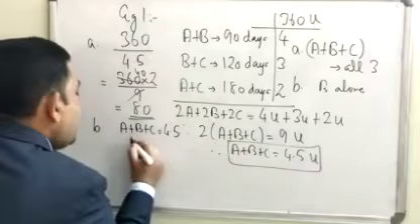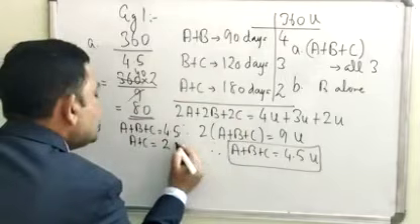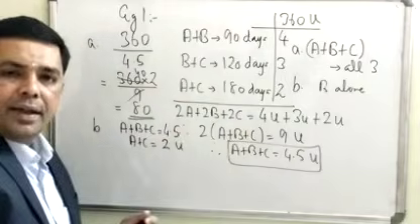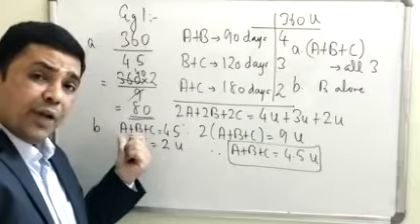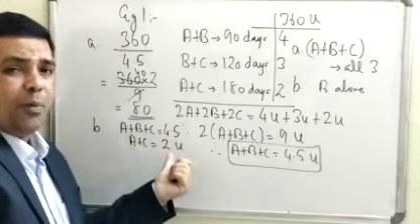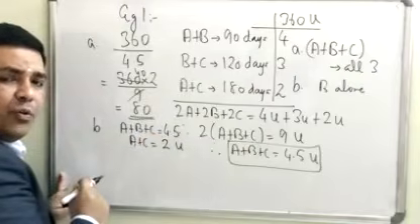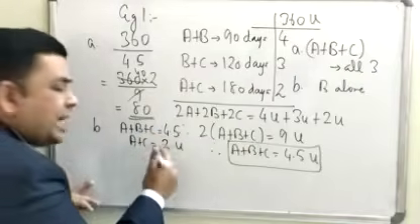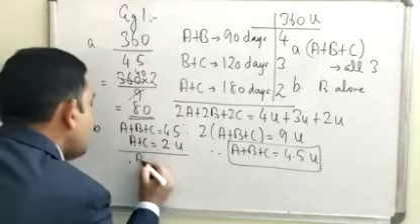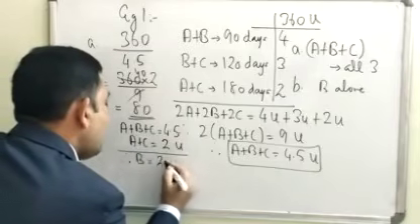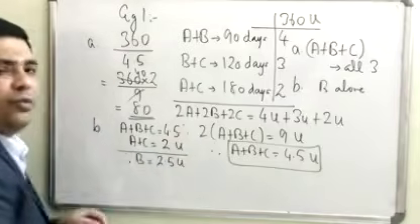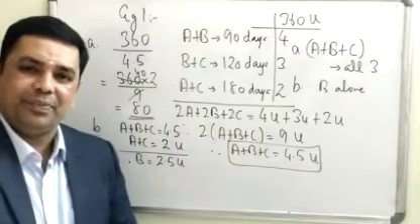But what is A plus C? A plus C is 2 units. But what is the efficiency of A plus B plus C? It is 4.5 units. So if A plus B plus C is 4.5 units and A plus C is 2 units, combining both we can say that B is 2.5 units per day.